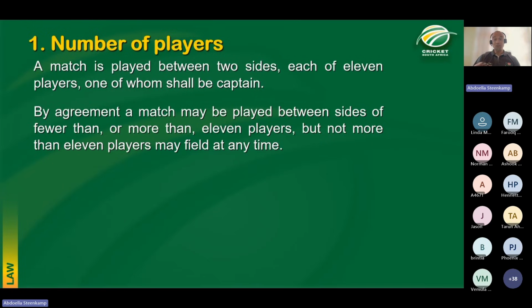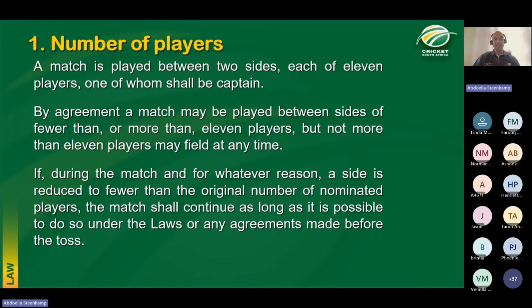But if you do decide to play more than 11 a side, the law guides us by telling us not more than 11 players may field at any given time. So if you are playing 15 a side, all 15 cannot field at once. Only a max of 11 players on the field at any given time.